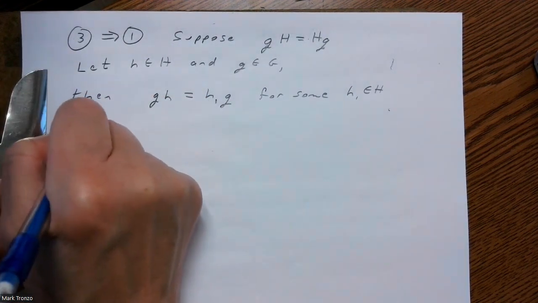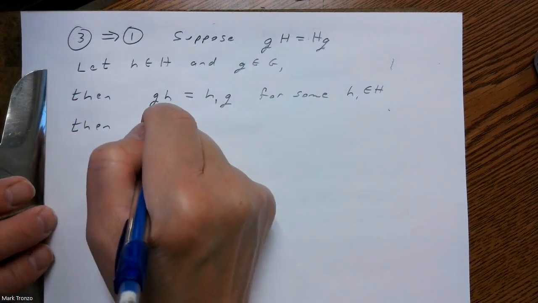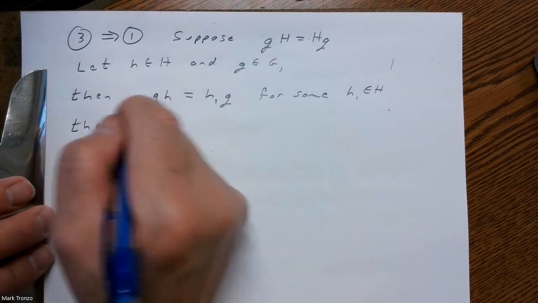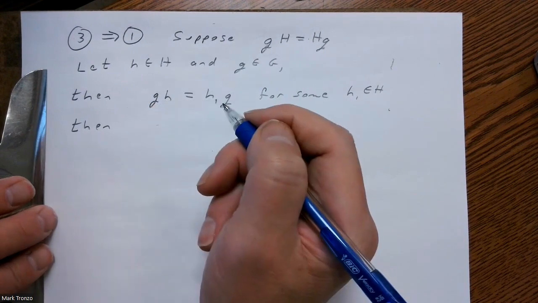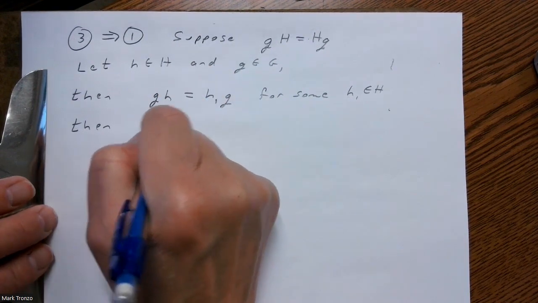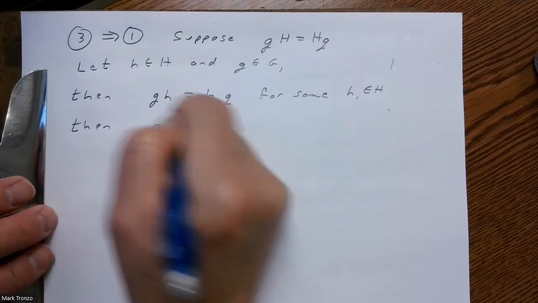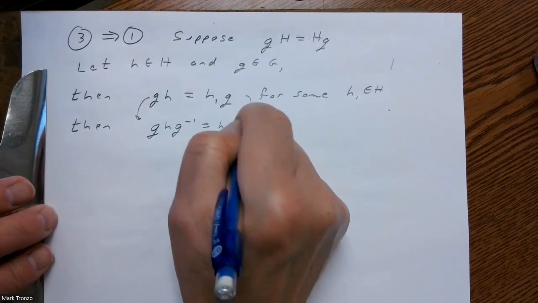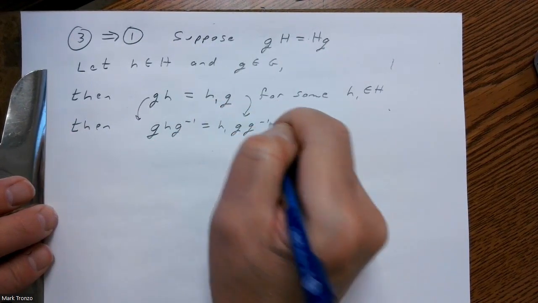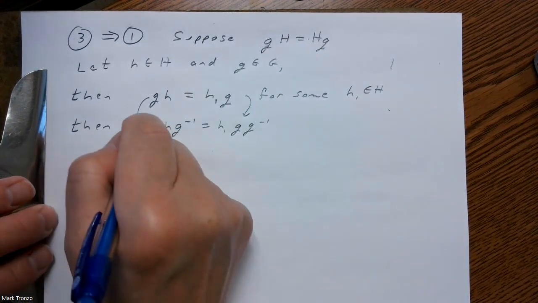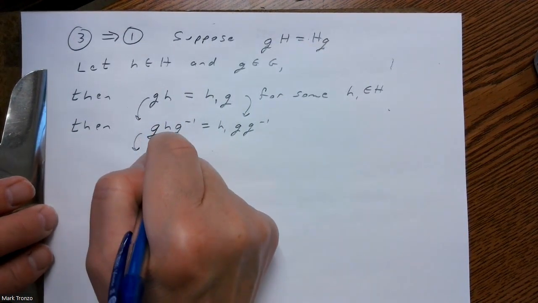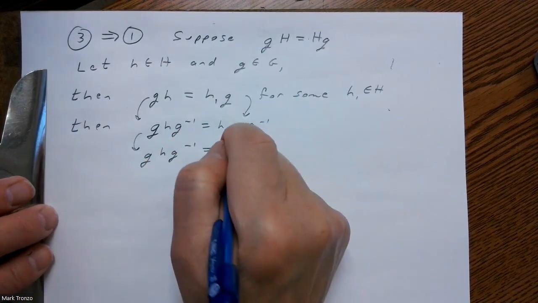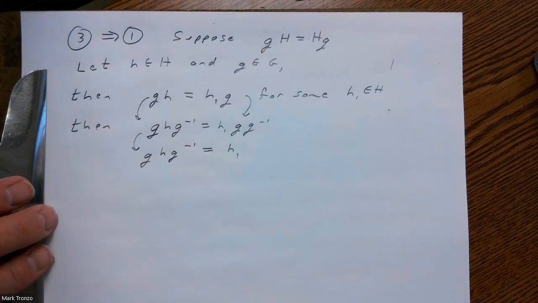Then we can say, let's see, we'll multiply on the left, I guess, would be the most logical thing. So I'm just multiplying on the left here. Then this is going to be g inverse h g. That's going to be the identity. That's this.